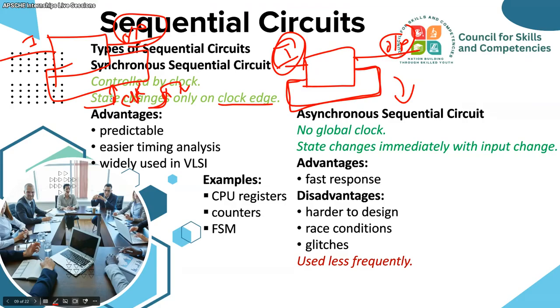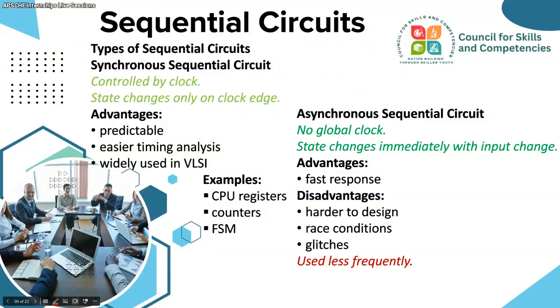When the clock is not given and you try to change the input, the output will not take effect. It will take effect only during the clock edges. So that is the synchronous sequential circuit, and this is called the asynchronous sequential circuit.